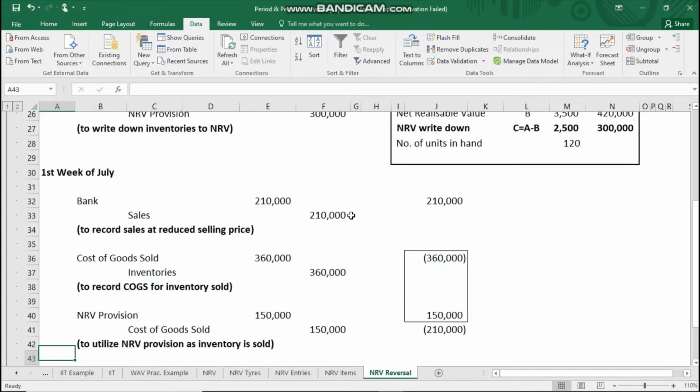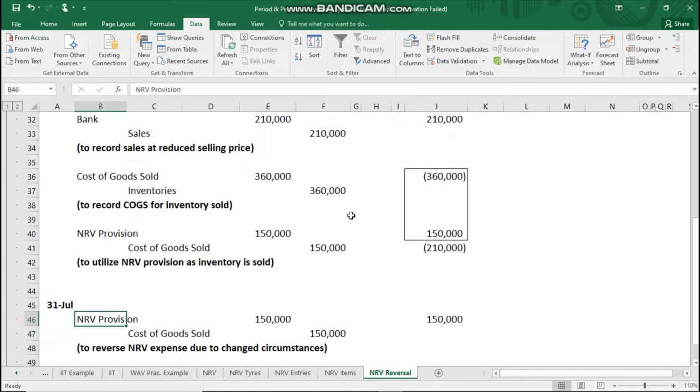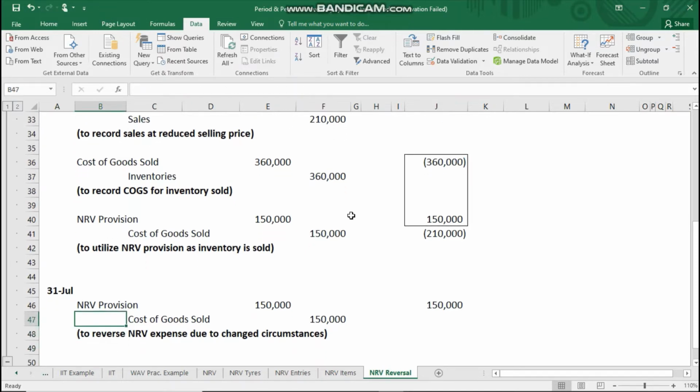And subsequently, if circumstances change and we need to do the NRV testing again, and it seems that circumstances are favorable and we need to reverse the inventory write down, we have also seen the accounting entries in that case.